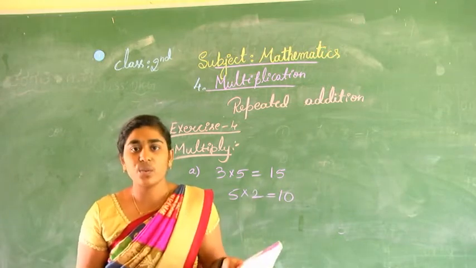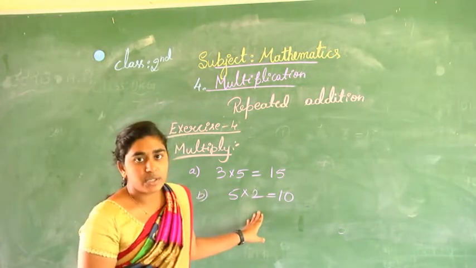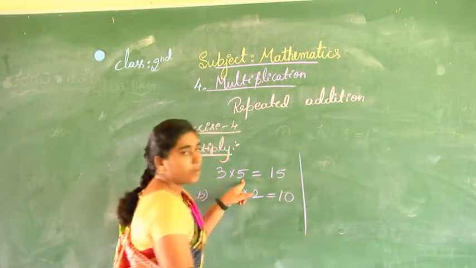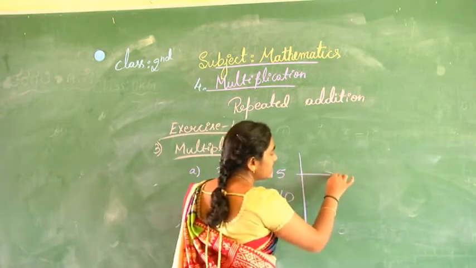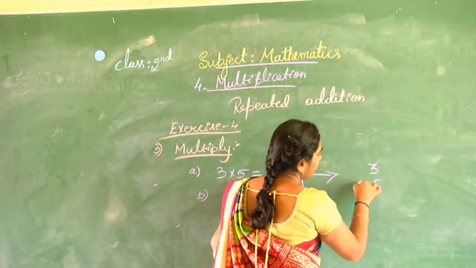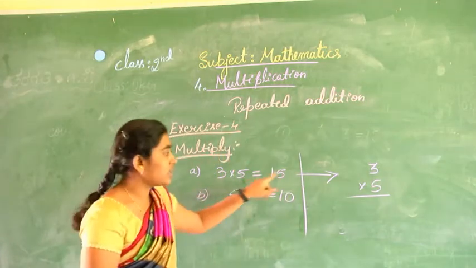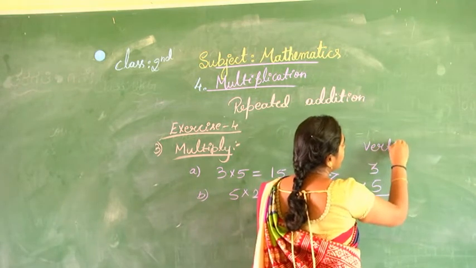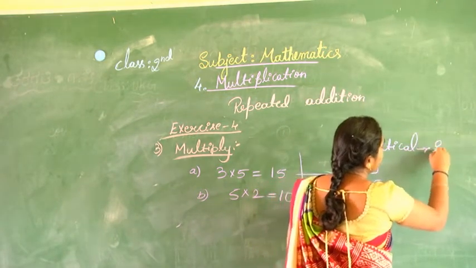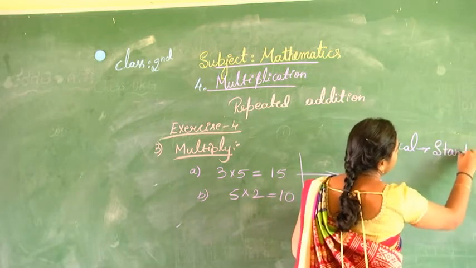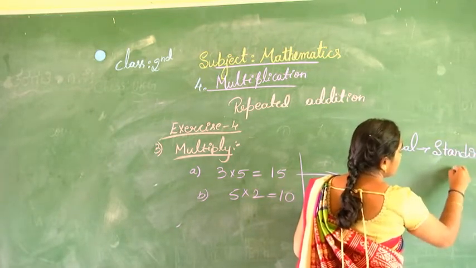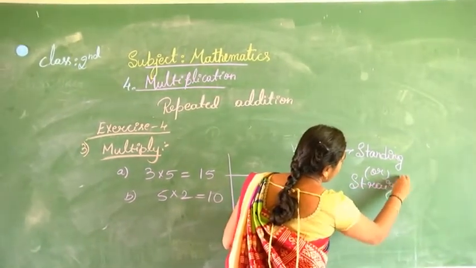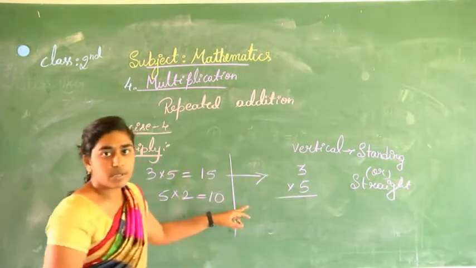And the next we have is vertical addition. Vertical addition is nothing but what we have written side by side here as multiplication numbers. The only difference is we will write the same thing in a straight line. We will write the same multiplication in a straight line. That is called vertical. Vertical means nothing but straight, or you can say standing.